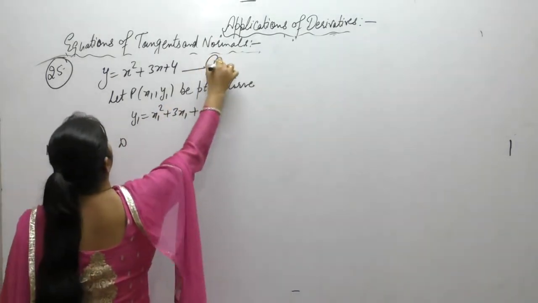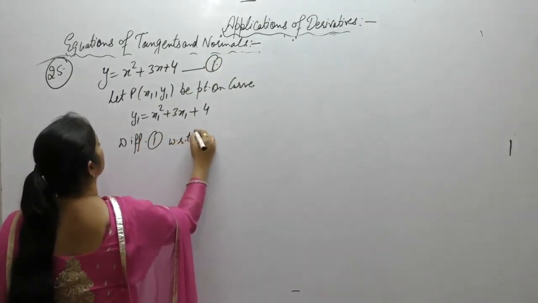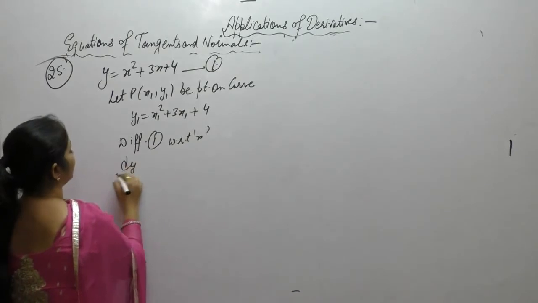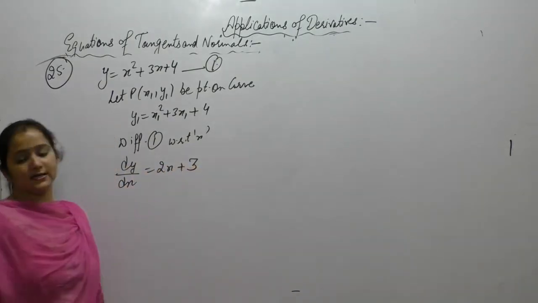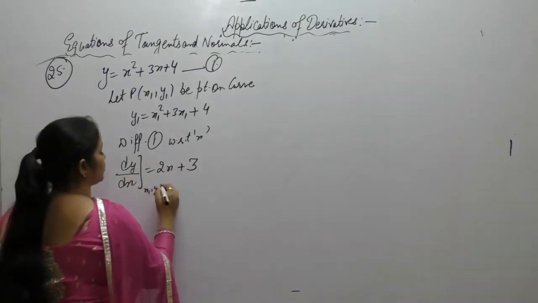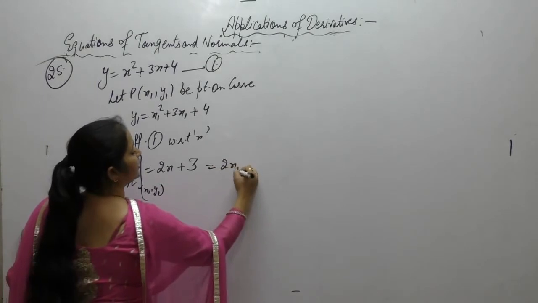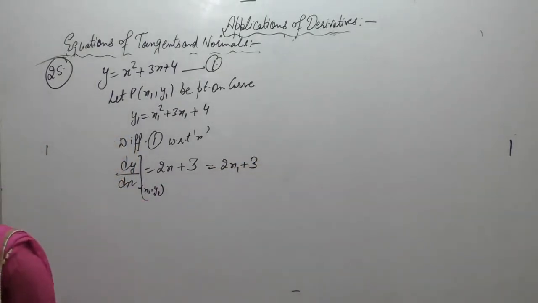Now differentiate 1 with respect to x. dy upon dx is 2x plus 3. Now the slope of tangent at point x1, y1 will be 2x1 plus 3. Now it is given that it passes through the origin.